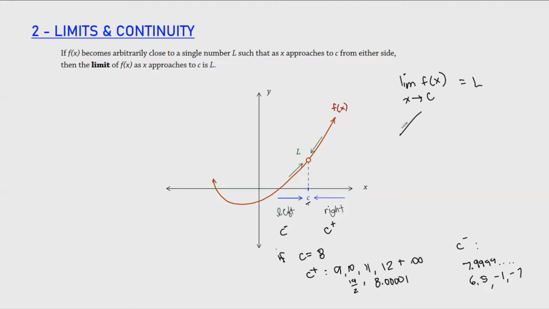In this case, if we have C here, we are actually referring to the limit of f of x as x approaches C from the positive side, and then the limit of f of x as x approaches C from the negative side.